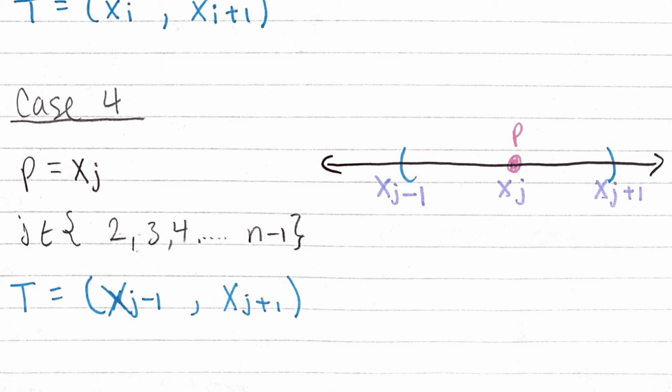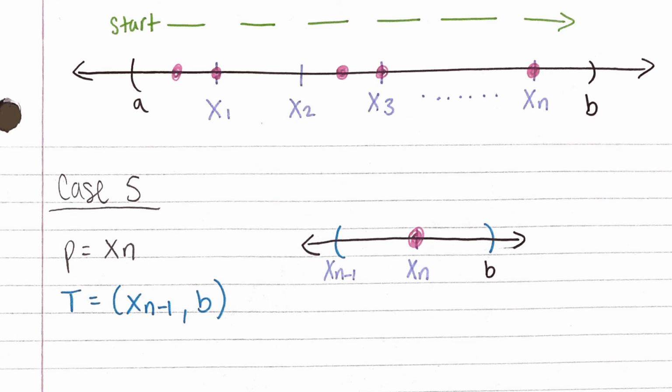So we have P equals X sub J, and J is an element of 2, 3, 4, n minus 1. And for this case, our segment T will just be X sub J minus 1 and X sub J plus 1. So if you see at the top picture, you could tell all the cases we've covered.